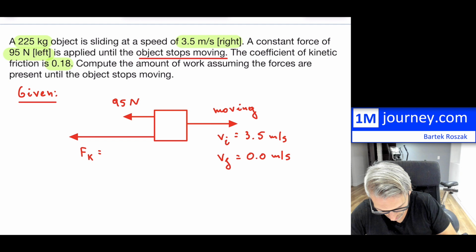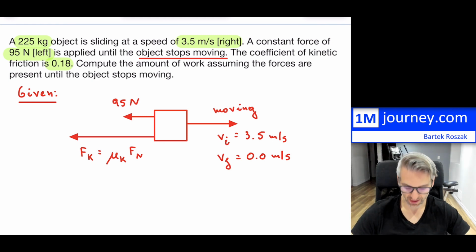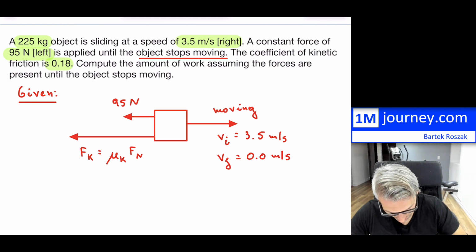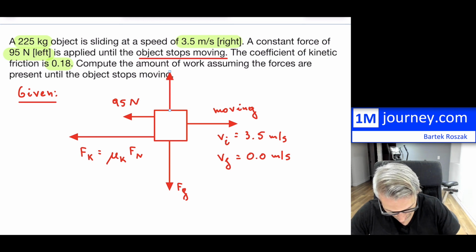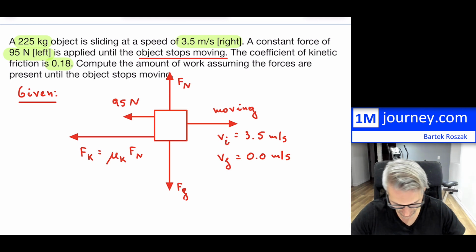And that is always equal to the coefficient of kinetic friction times the force of the normal that we have. Now recall, you have your force of gravity, that's right there, and then you have your normal force. I'm going to be running out of space there, but since it looks like a horizontal plane, with nothing in terms of angles in here, these two are going to be identical.